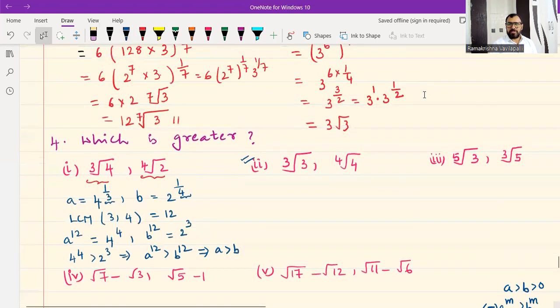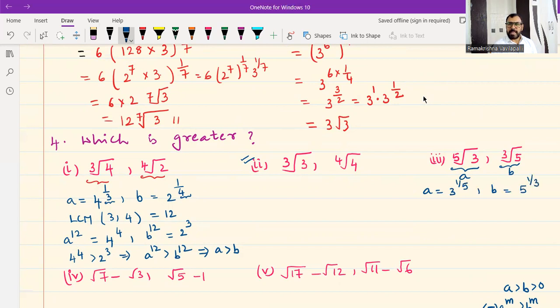I'll solve another question here: the fifth root of 3, the cube root of 5. Assume this is A and this is B. So here A equals 3 to the power of 1 by 5 and B equals 5 to the power of 1 by 3.